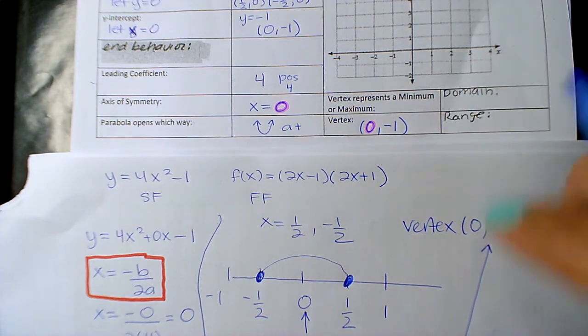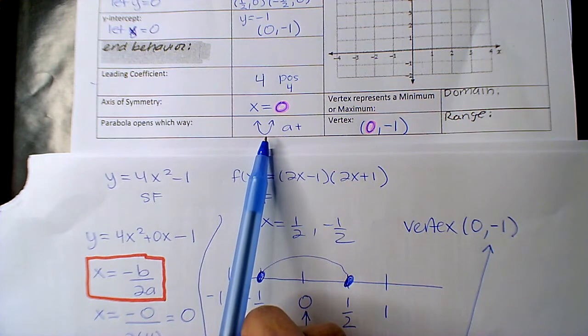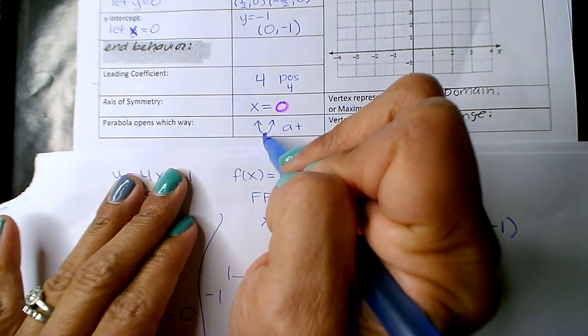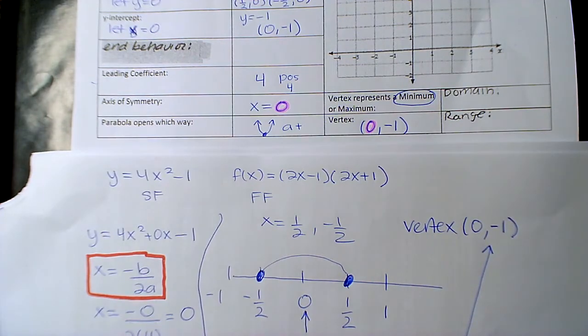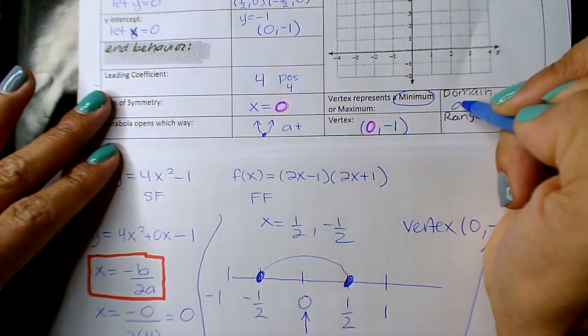Okay, max or min. If it's an up parabola, it opens up. Where's your vertex, at the max or the min? Remember, your little vertex would be right there. Min, very good. If it was concave down, if it opened downward, it would be at max. If it's up, it's always a min, because it's the lowest point. Okay, your domain on parabolas is all reals.